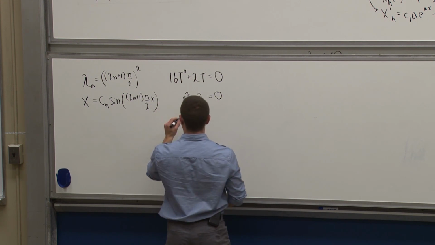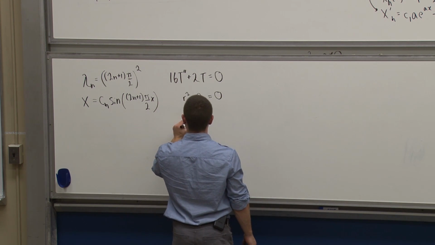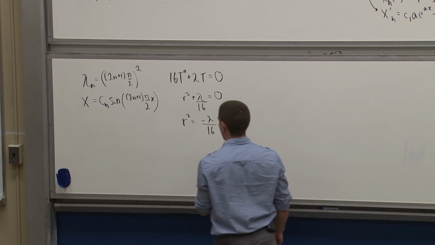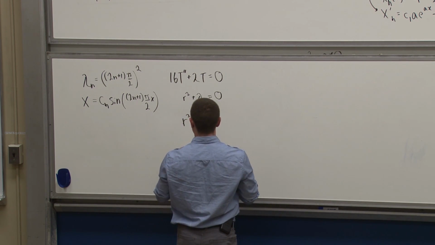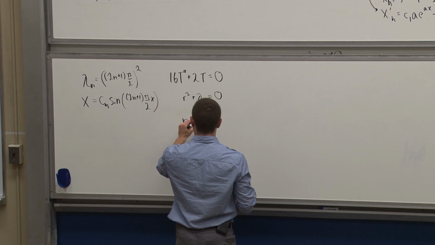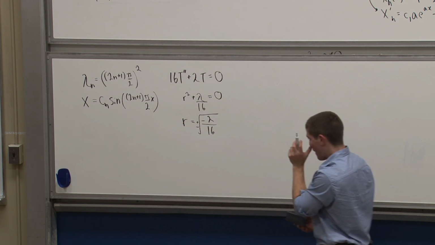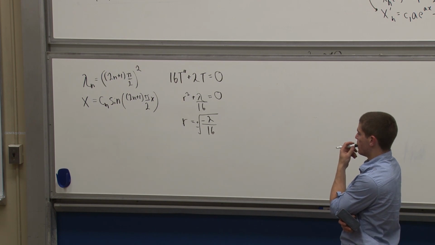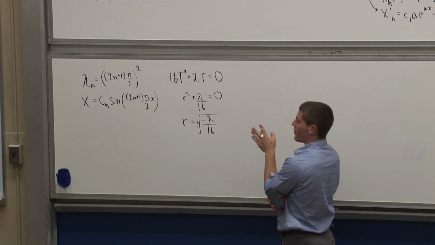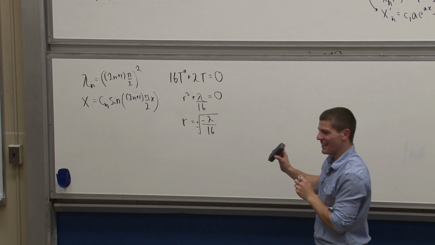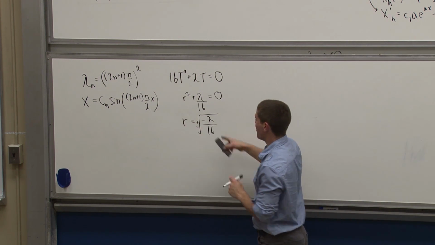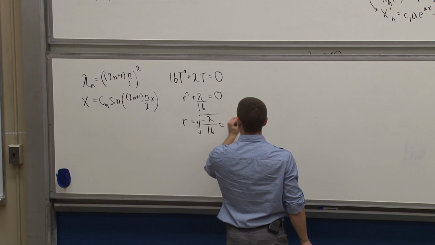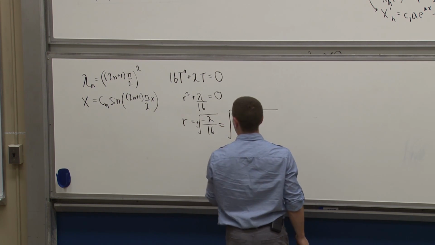Okay, so now r squared equals negative lambda over 16. So the square root of that is going to be r, plus or minus. Okay, I see what's going on here. I know what to do. Let's plug in lambda now. Let's see what happens. Put a big square root.